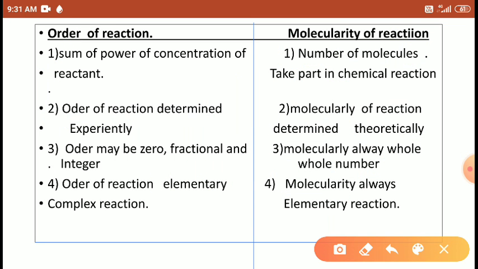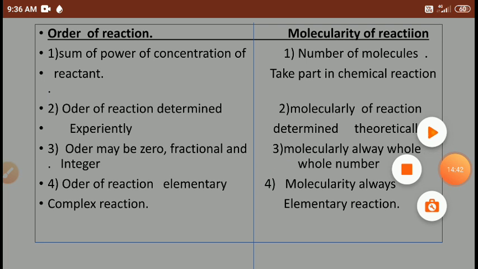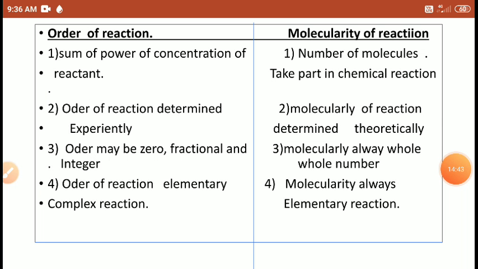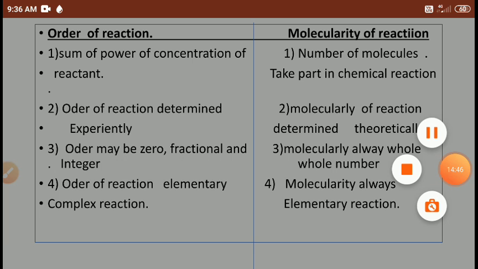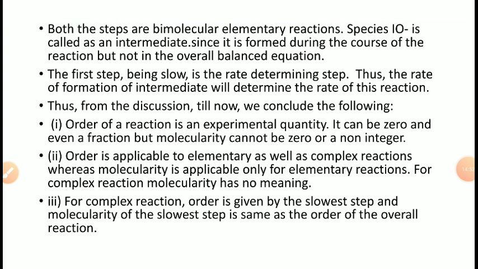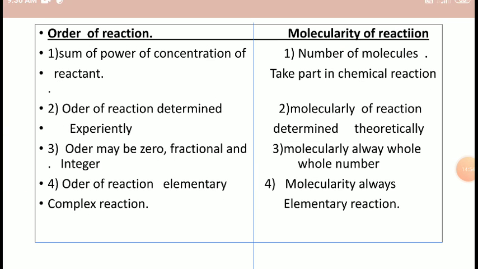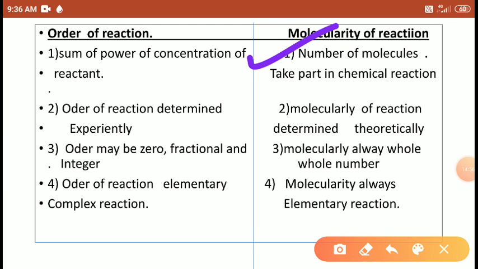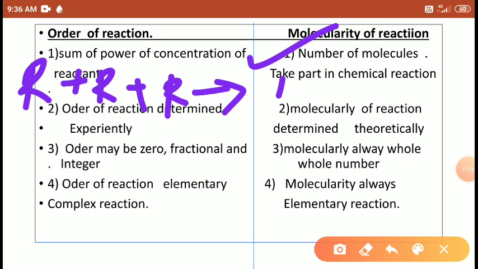So that is the order, students. Molecularity means the number of molecules taking part in a chemical reaction. Whatever the reactants are there, reactants 1, 2, 3 combine to form product.